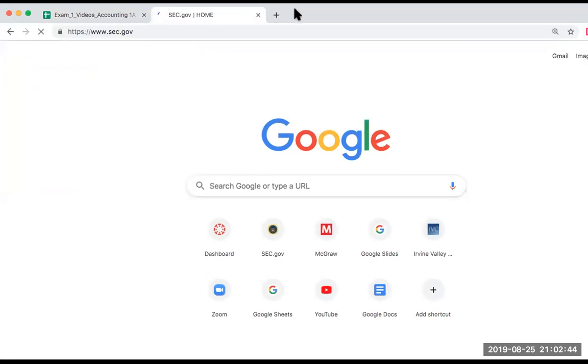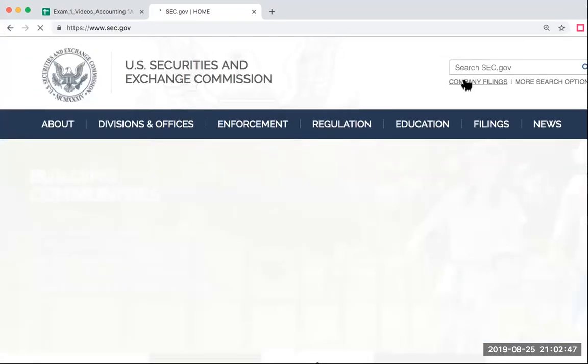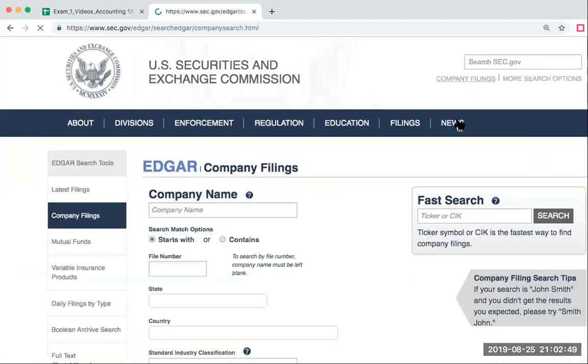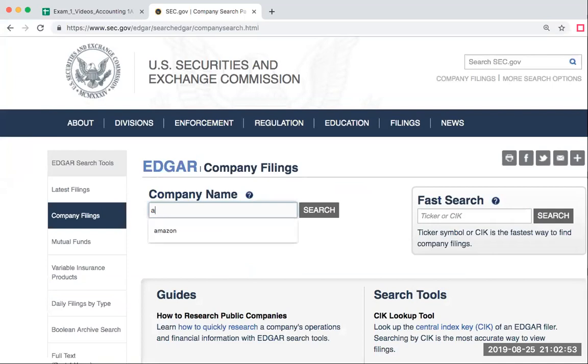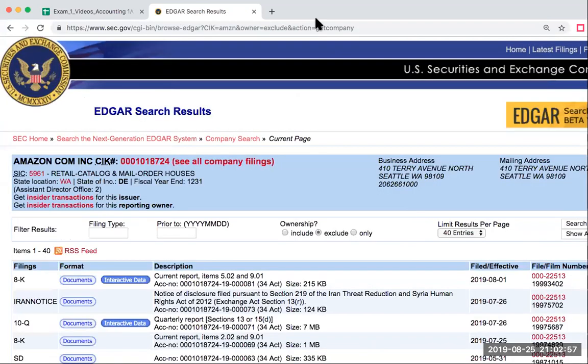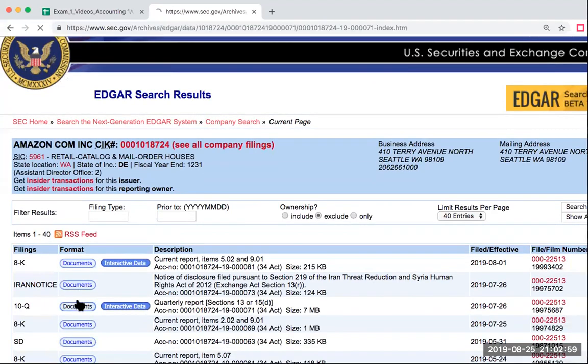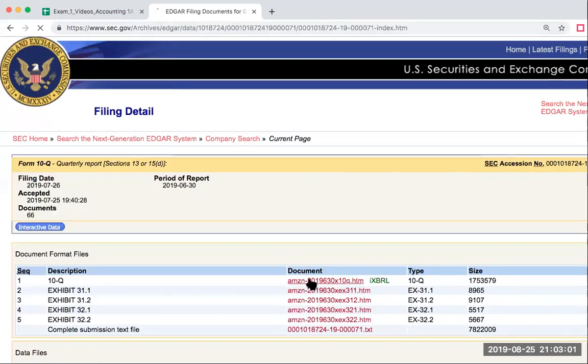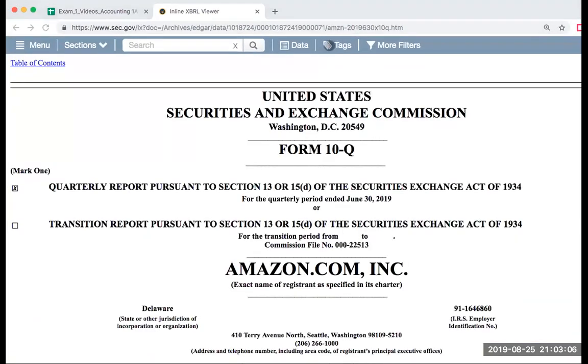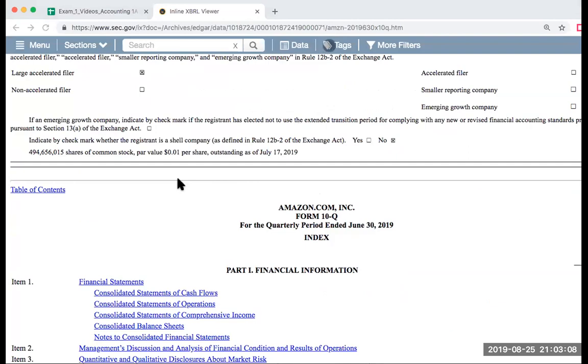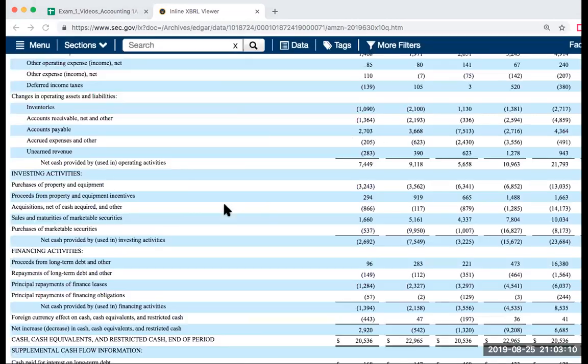What's a publicly traded company you want to look at? Amazon. Okay, AMZN, always a popular one. Hopefully I can get the billions in revenue correct this time. So right over here, if I'm looking at the quarterly report for Amazon, can you all see my Amazon on the screen?